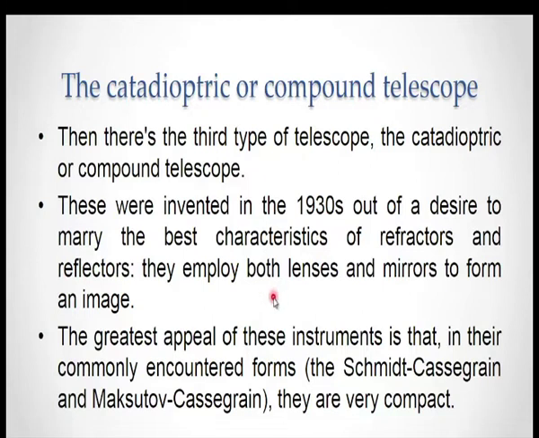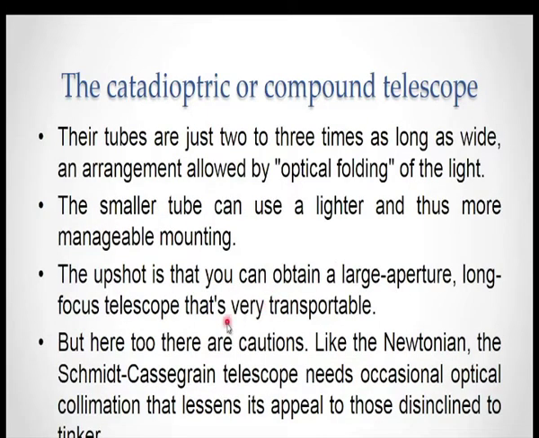These Cassegrains are very compact. The tubes of these Cassegrains are just 2 to 3 times as long as wide, an arrangement allowed by optical folding of the light. The smaller tube used in a Cassegrain is very light, and thus a more manageable mounting can be used. The upshot is that you can obtain a larger aperture, long focus telescope that is very transportable.